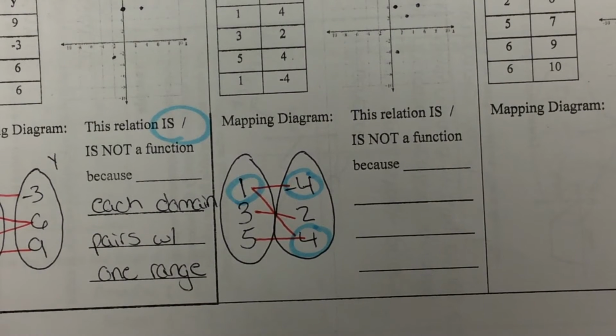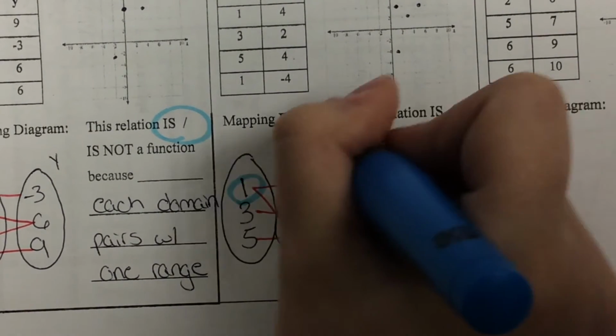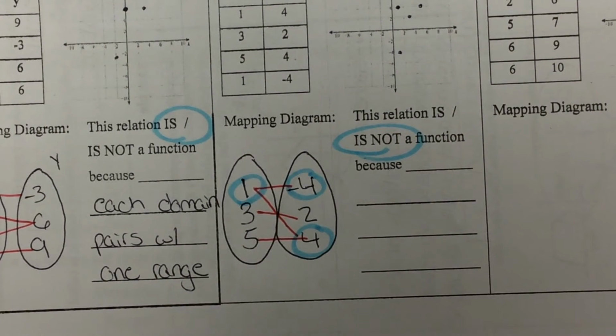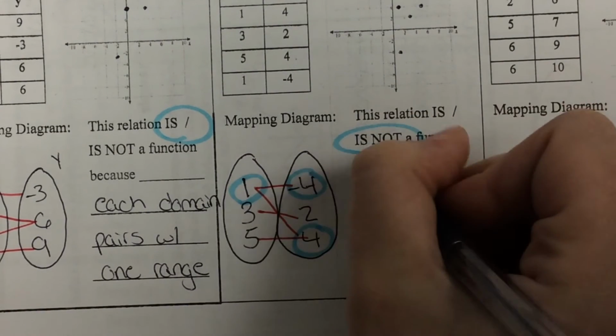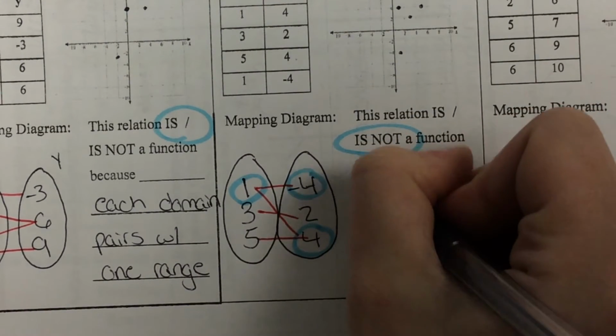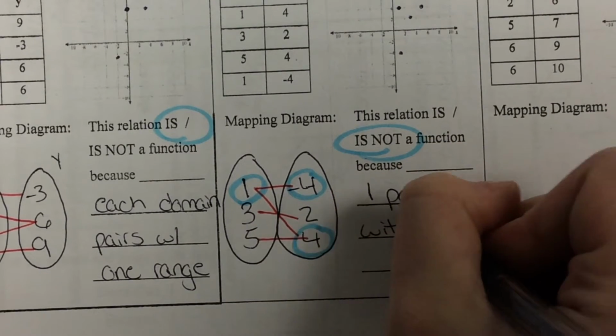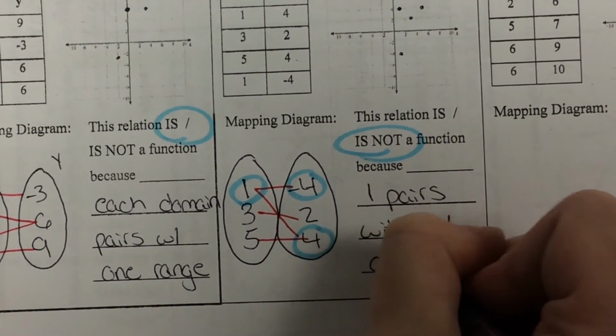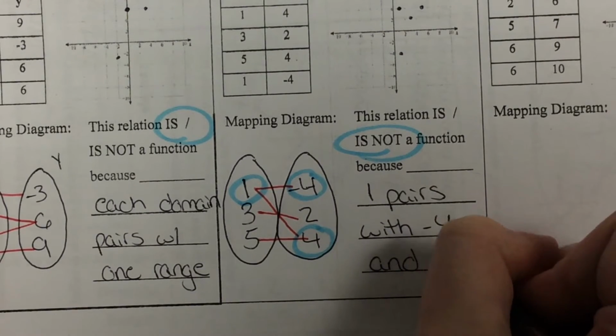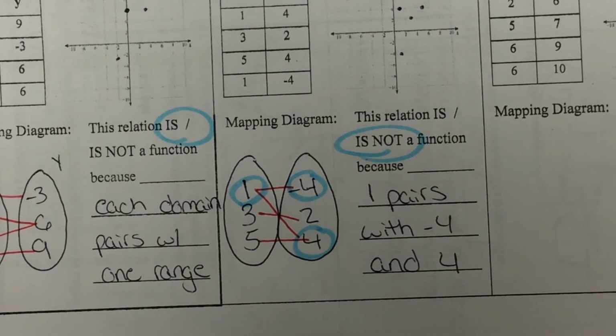This makes this not a function, because 1 pairs with -4 and +4.